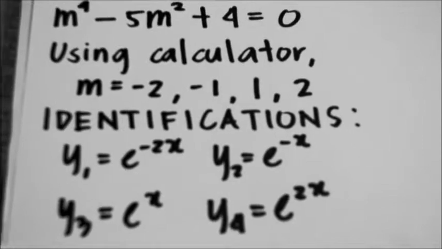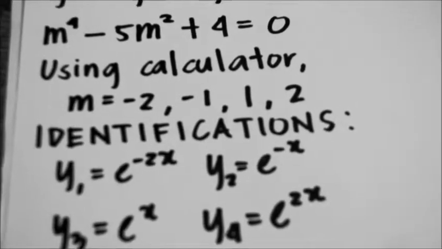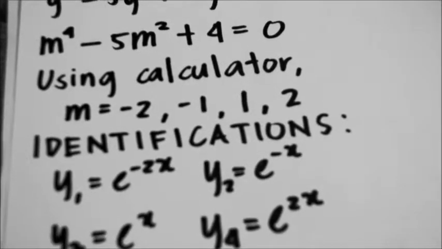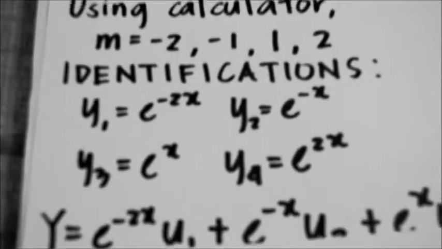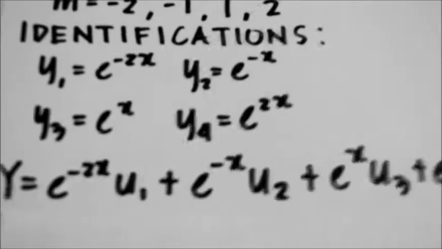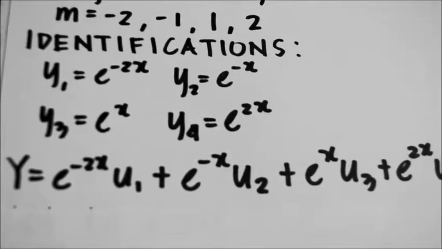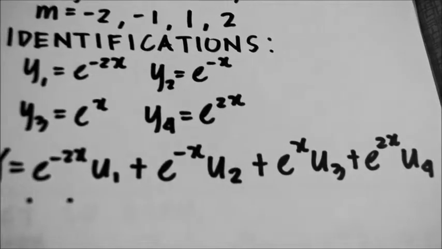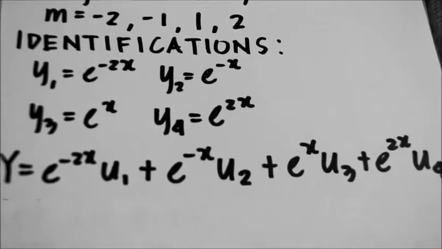So after this, we must now find 4 functions of x, say u sub 1, u sub 2, u sub 3, u sub 4, such that y is equal to e to the negative 2x u sub 1 plus e to the negative x u sub 2 plus e to the x u sub 3 plus e to 2x u sub 4.